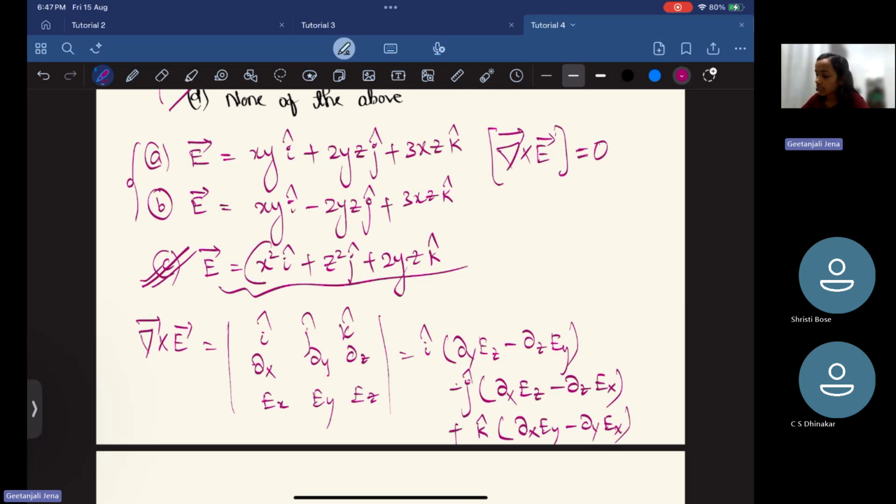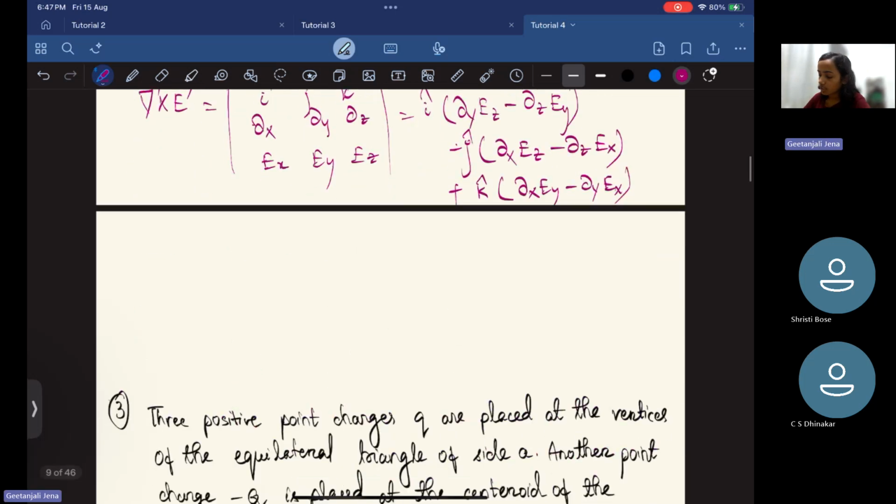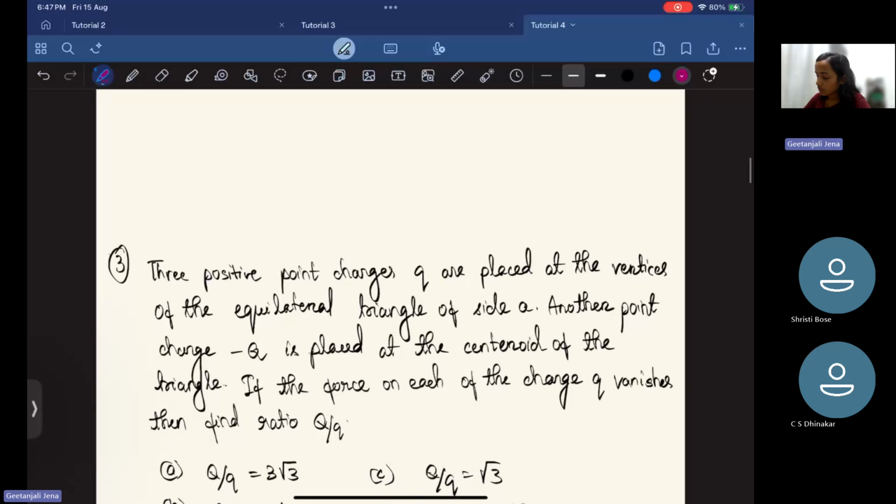And if you put the values of Ex, Ey, and Ez, you can check whether this gives a zero value. Okay, so let us move to our next problem.